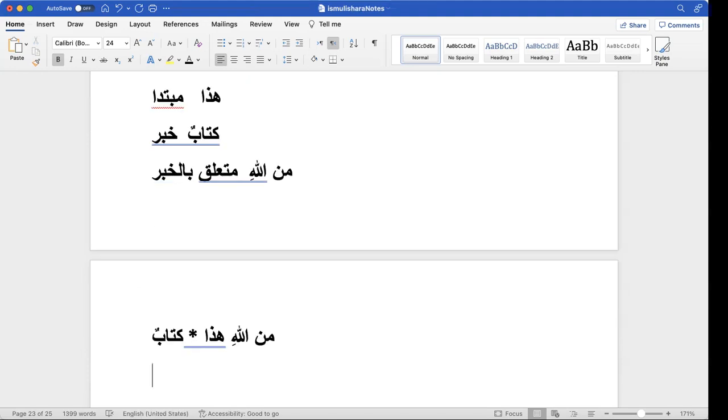If you say "from Allah, this is a book," will it make a meaningful sentence? It will not. I cannot do this in English. But in Arabic, I can. So I can write first Minallahi Haza Kitabun, and it still means: this is a book from Allah.